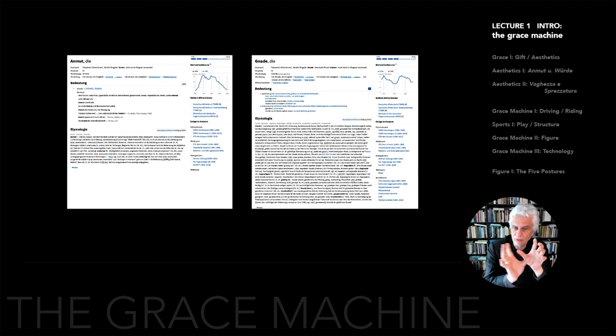And whatever Christianity or aesthetics or whatever theory of gift and the figure and grace are doing with it, it still exists. It doesn't mean it's true, but it is very important to understand how Anmut and Gnade, how this sort of vertical and horizontal are linked up with each other.